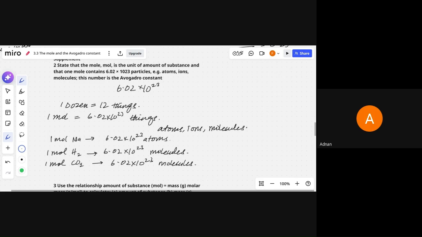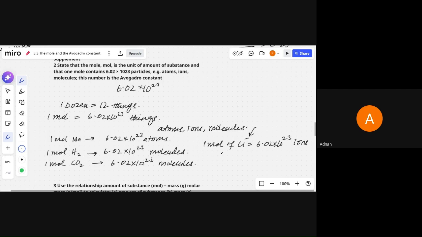Okay, and for ions, let's say we have 1 mole of Cl minus. It will have 6.02 times 10 to the 23 ions, because it's an ion, right? We are dealing with an ion here. It has a negative charge. It's an anion.